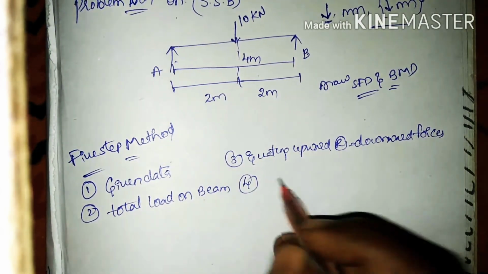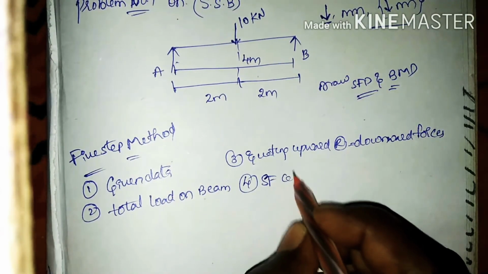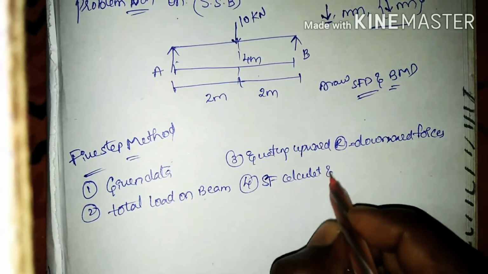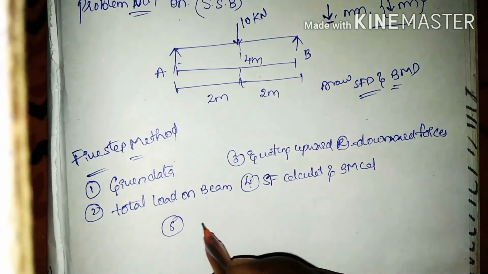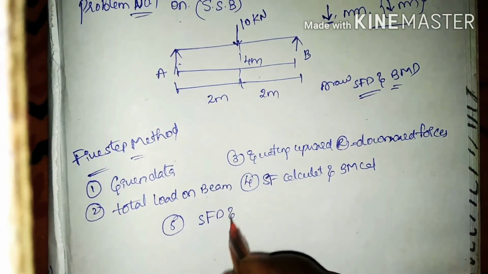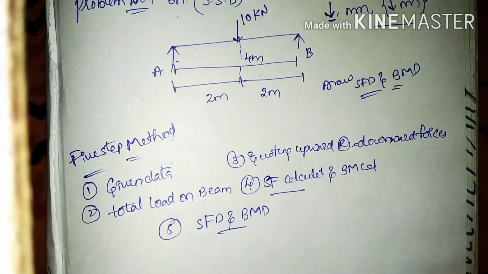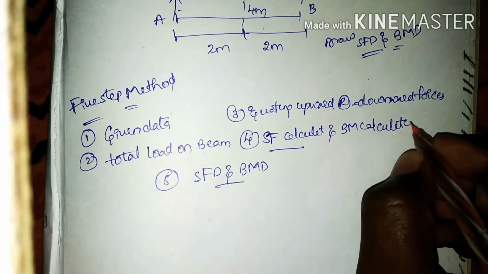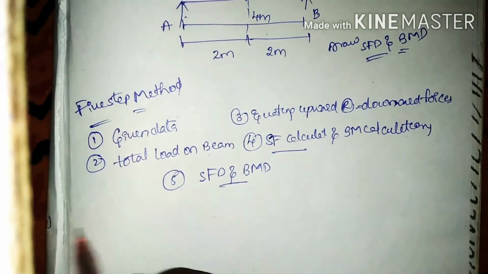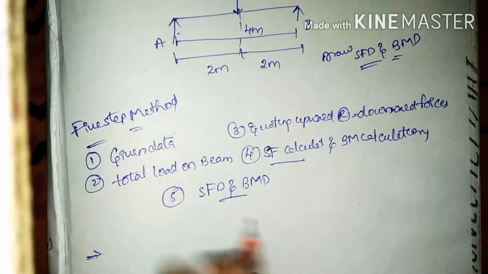Number 4, shear force calculation and bending moment calculation. Number 5, shear force diagram and bending moment diagram with respect to the shear force calculation and bending moment calculations. According to these methods, we are going to see the problem.